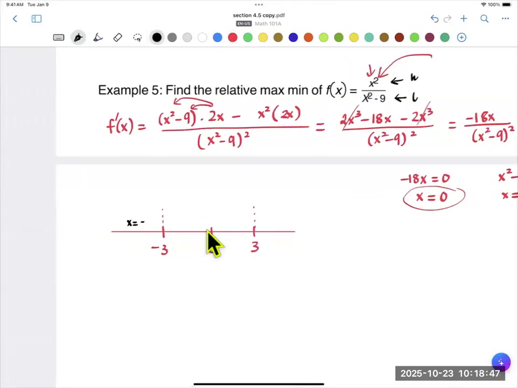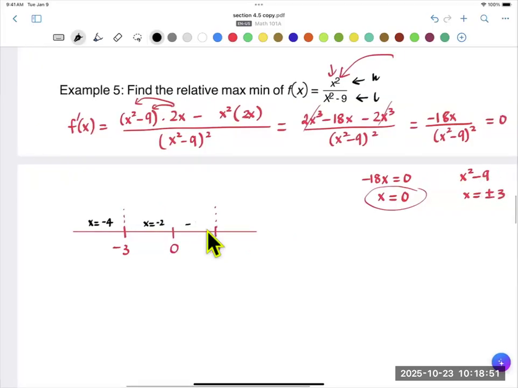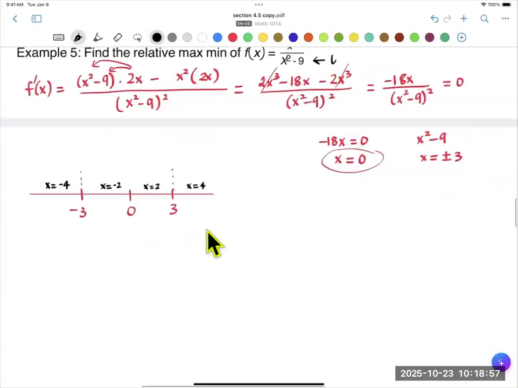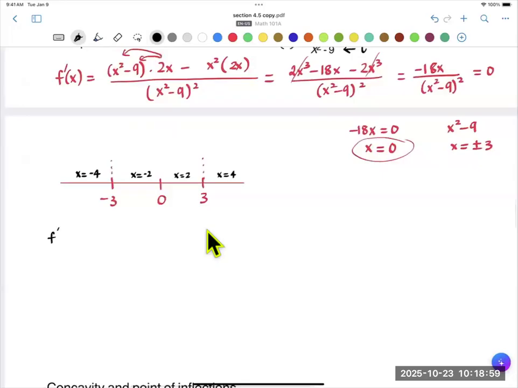So we have x equals negative 4, negative 2, x equals 2, and x equals 4. Now we're gonna find what is f prime of negative 4. We have negative 18 times negative 4 over negative 4 squared minus 9 squared, which is what?